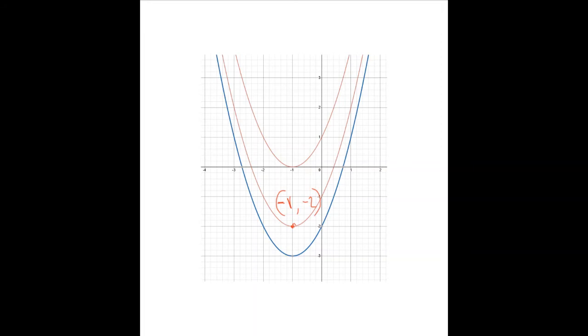What about the blue one? The minimum point. That one's still -1, so it's not shifted left or right, but it's now -3. It looks like it's gone from -2 all the way down to -3. It's shifted down by 1, and that is the effect of doing f of x minus 1.